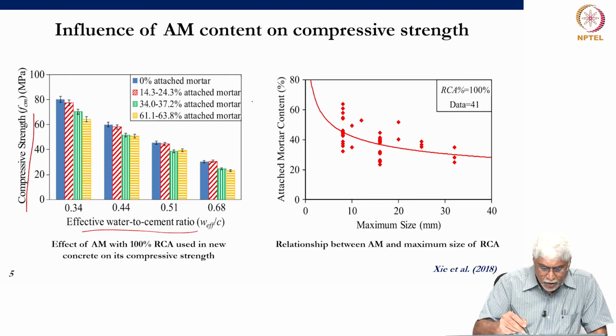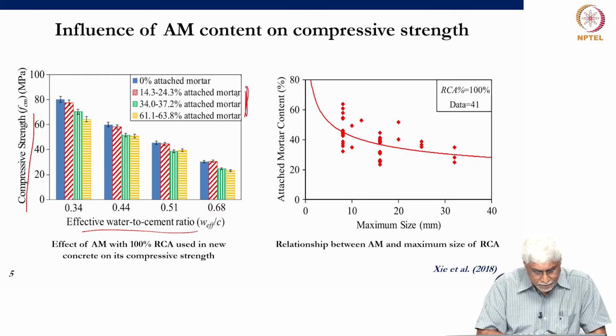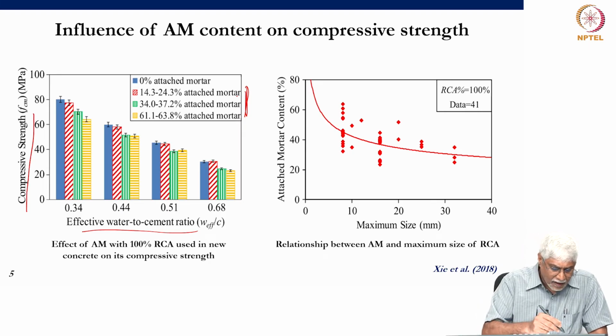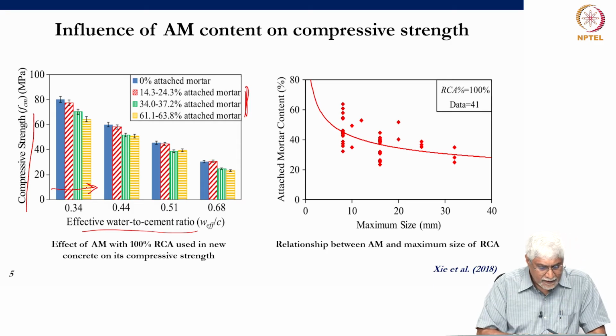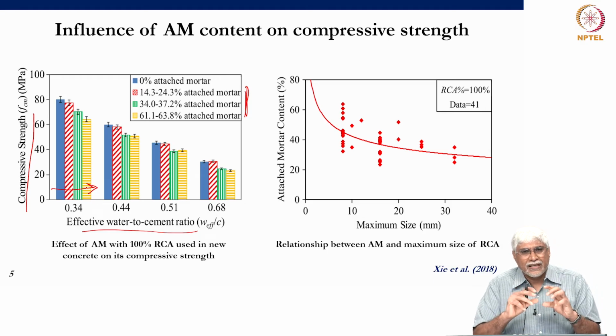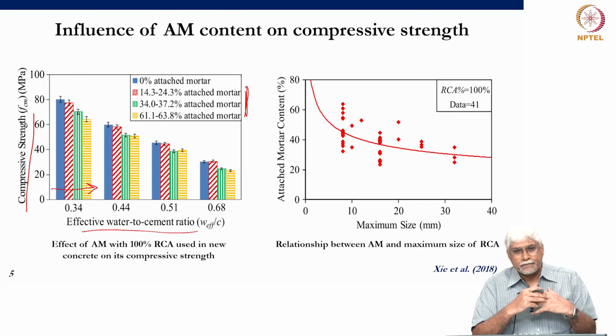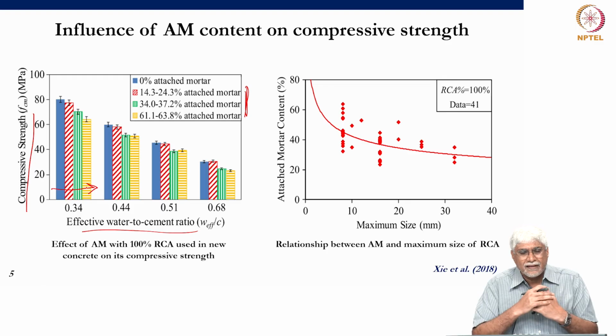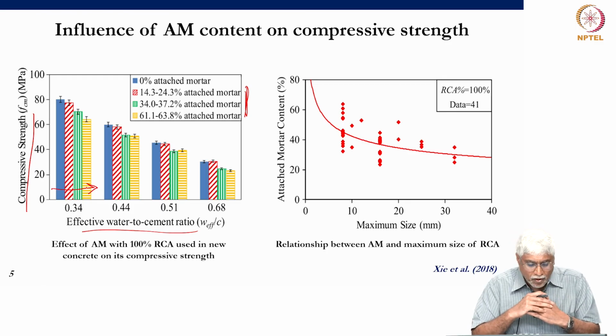water cement ratio, and percentage of adhered mortar or attached mortar. We find that always with more adhered mortar, the strength is less. This is in line with what I discussed earlier, that the adhered mortar is a layer of weakness generally because it's coming from older concrete. Mostly older concrete would be of lower grade, lower strength than today's concrete or more modern concrete.